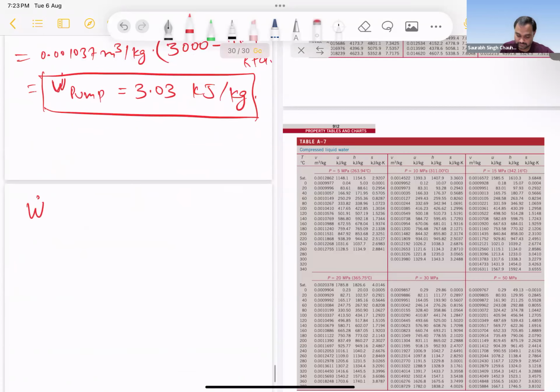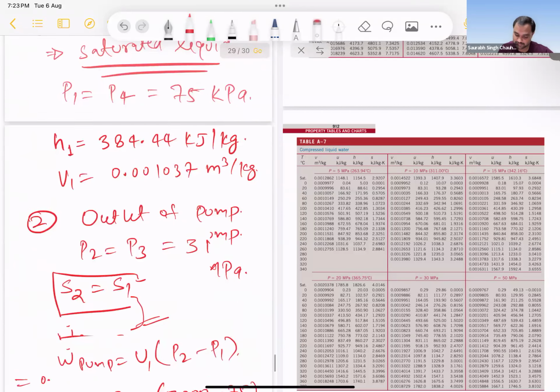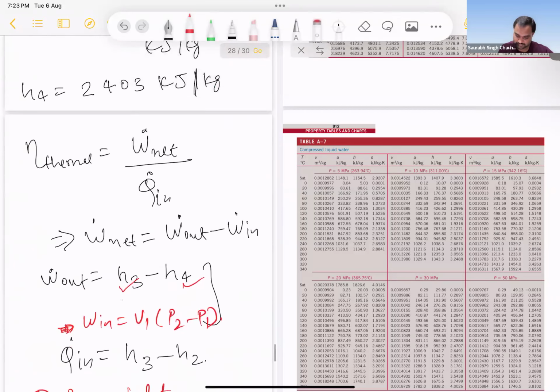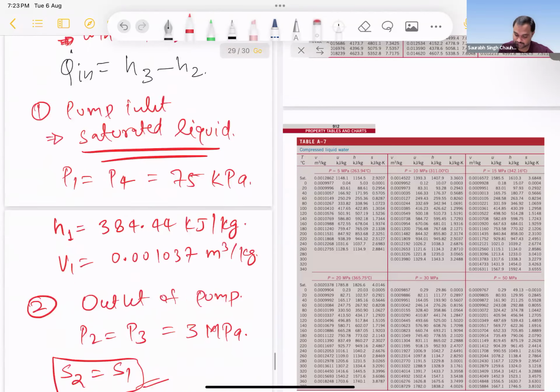And work output from turbine, that is H3 minus H4. Have we already calculated that or not?